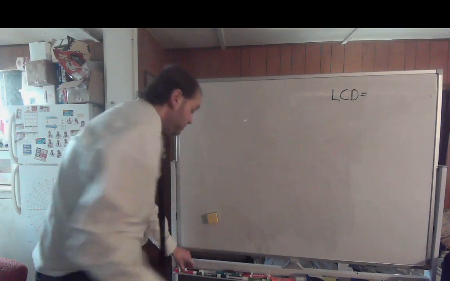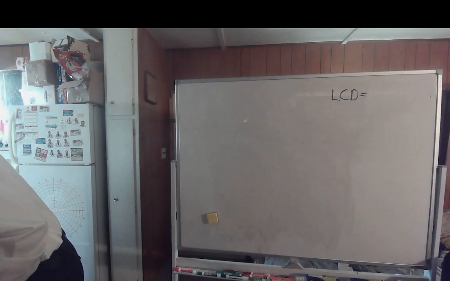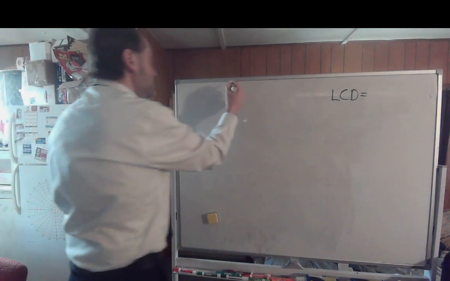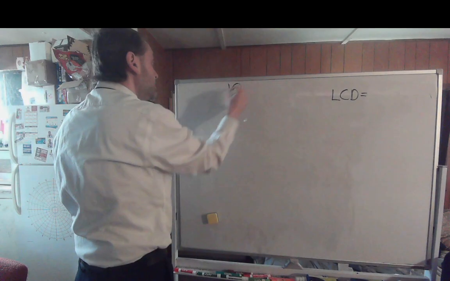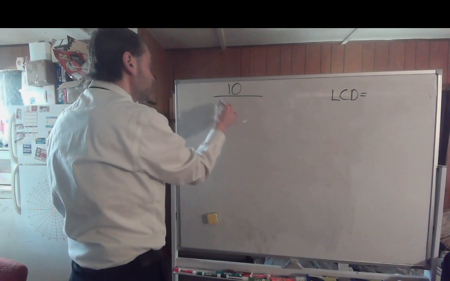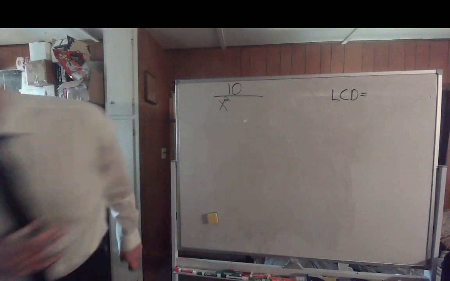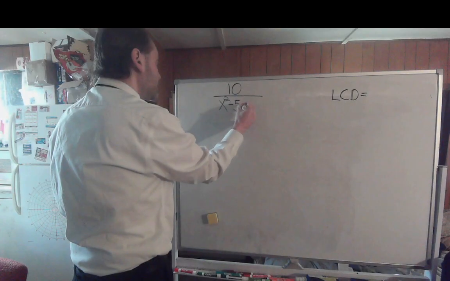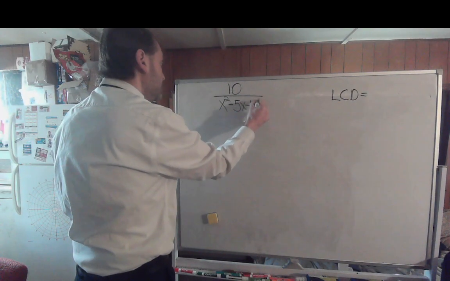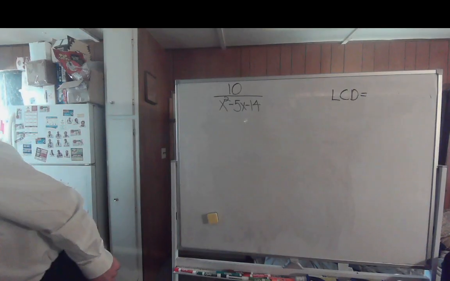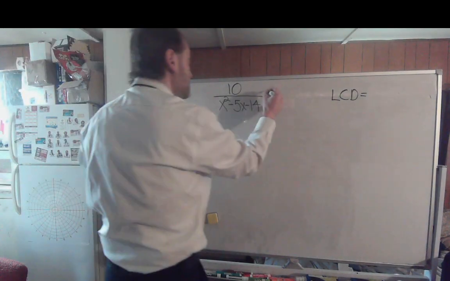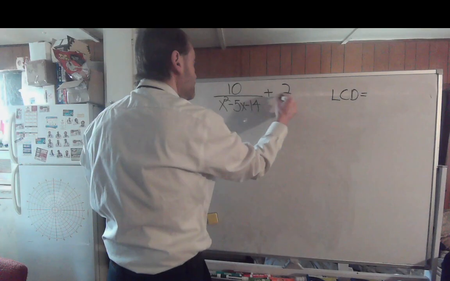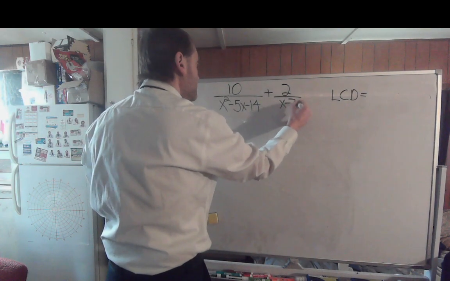All right. We have 10 over x squared minus 5x minus 14 plus 2 over x minus 7.